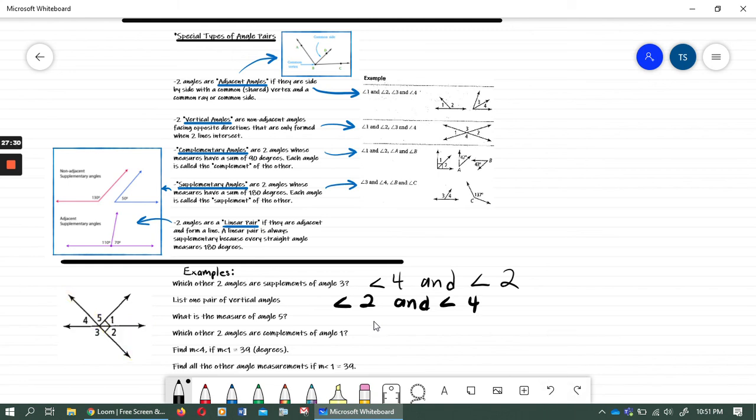But again, that was 90 degrees. Find the measure of angle 4. And by the way, guys, that's what I wanted to say here.